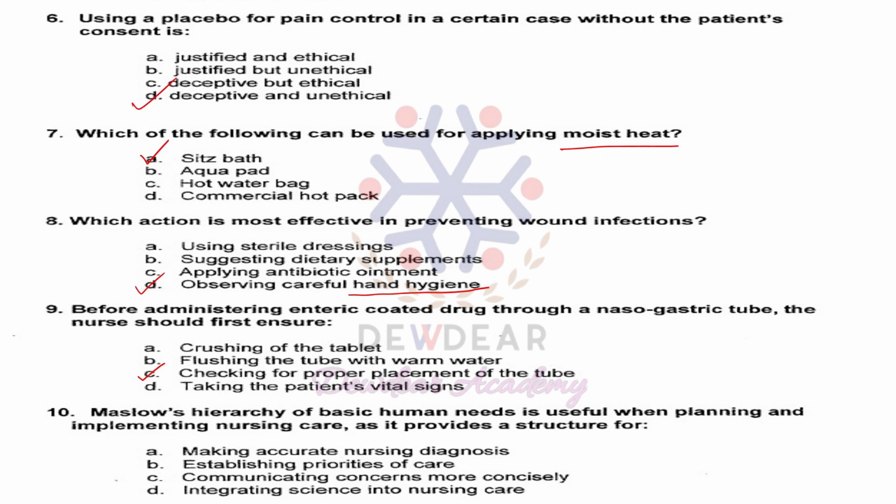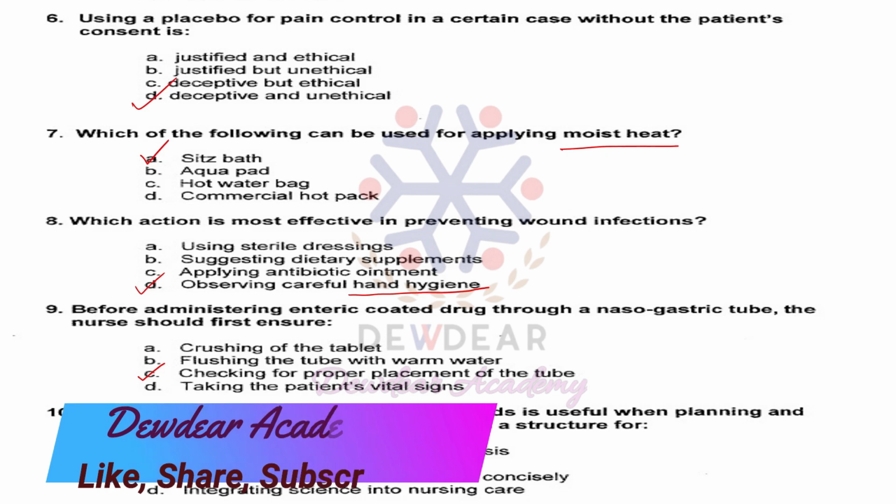Then question number 10. Maslow's hierarchy of basic human needs is useful when planning and implementing nursing care, as it provides a structure for. Options: making accurate nursing diagnosis, establishing priorities of care, communicating concerns more concisely, integrating science into nursing care.